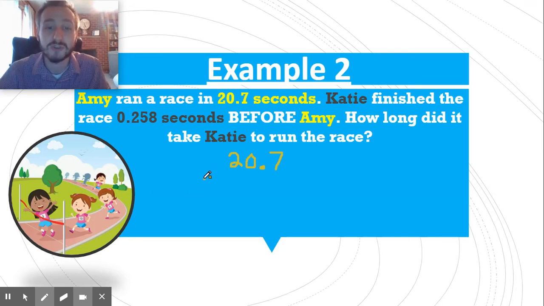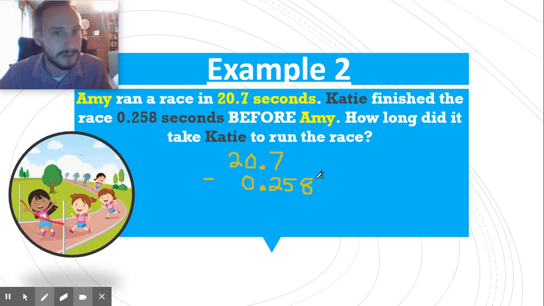So we want to subtract 0.258. Whenever you're adding or subtracting with decimals, you want to make sure you're lining up your decimals first. So we have 20.7. Let's add our decimal, and let's subtract 0.258.